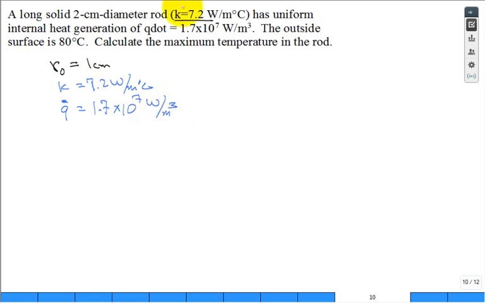And the outside surface is given, TS is equal to 80 degrees C. Calculate the maximum temperature in the rod. Can I pause and let you do it? What's the maximum temperature in the rod? I'll walk around and check a few answers.